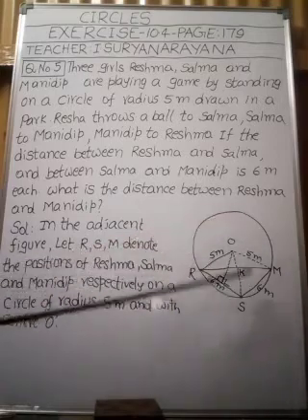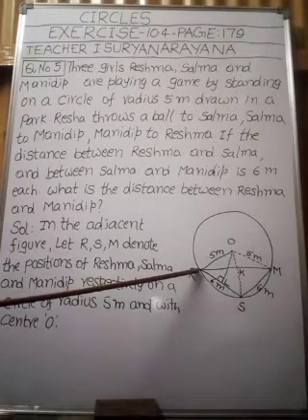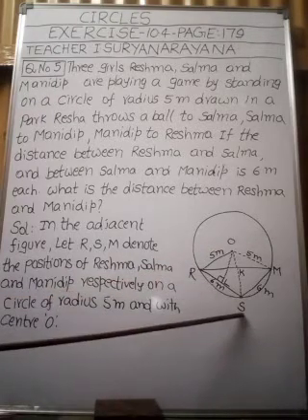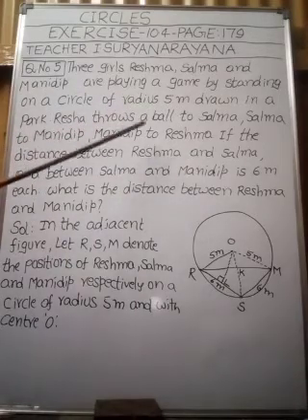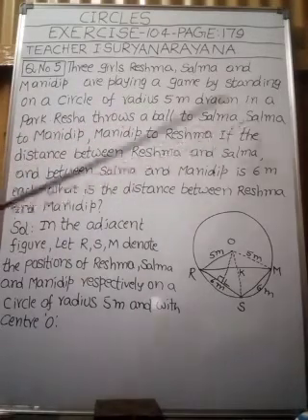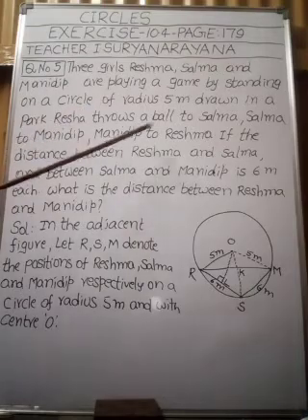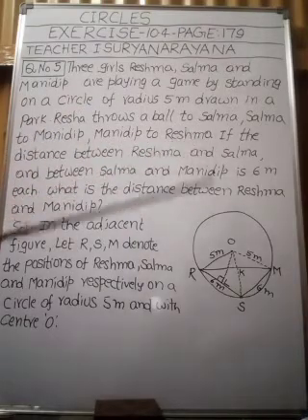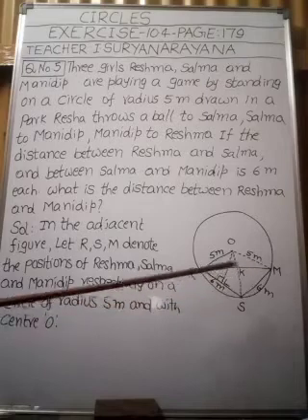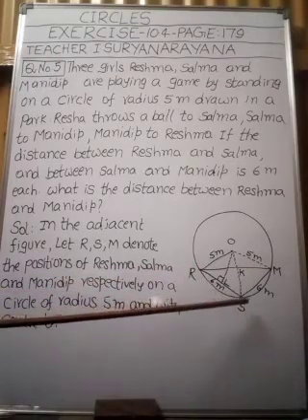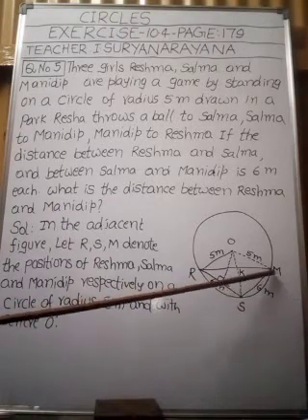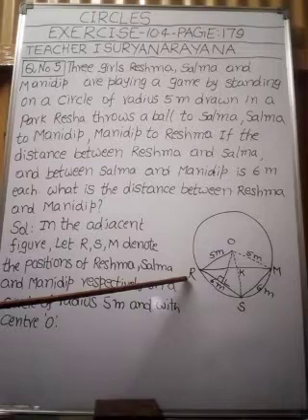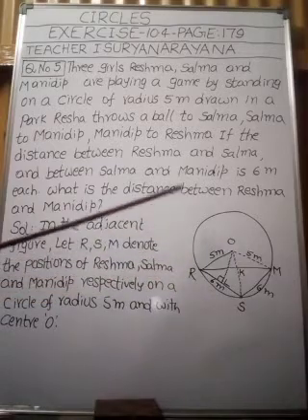On this circular field, let us assume that Reshma, Salma and Manideep are standing. Reshma throws a ball to Salma, Salma to Manideep, Manideep to Reshma. Like this, they are throwing balls. Okay, my children, understood this point?